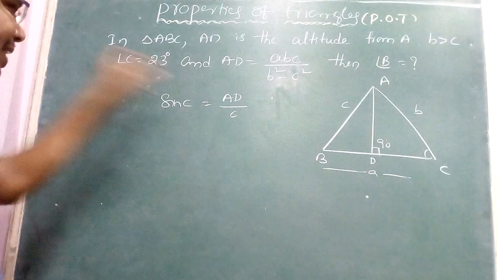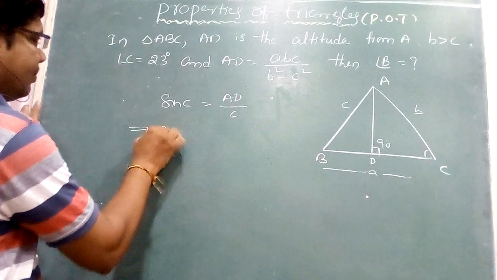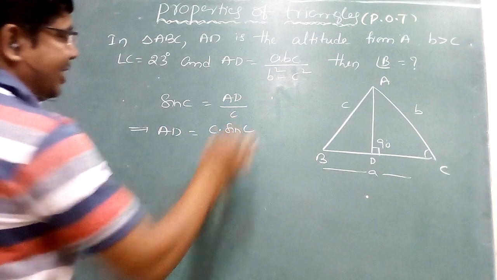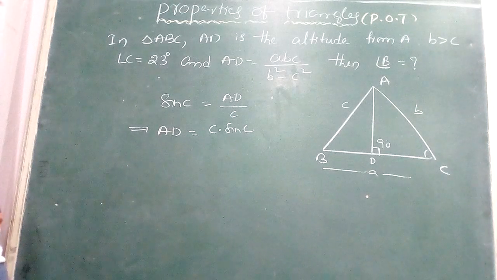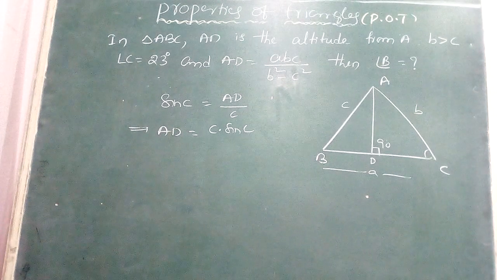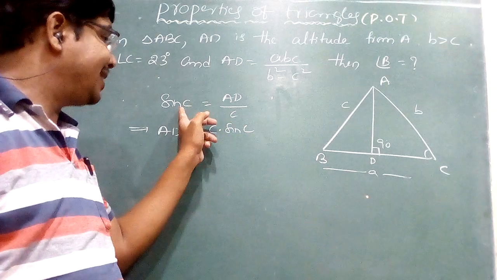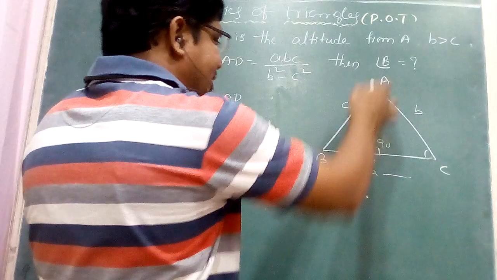From this one, AD is equal to small c into sin B. AD is equal to small c into sin B. Now, sin C is equal to opposite AD by b.